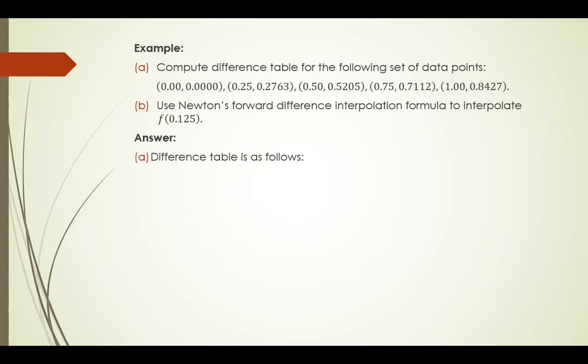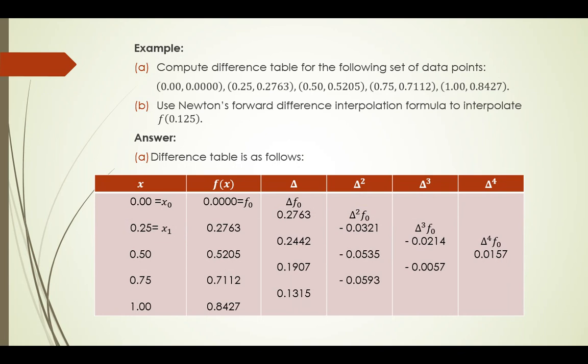The difference table is as follows. That is the difference table. You see, all values of x are written in the form of a column. These are the values of x: 0.00, 0.25, 0.50, 0.75 and 1.00. These are written here.